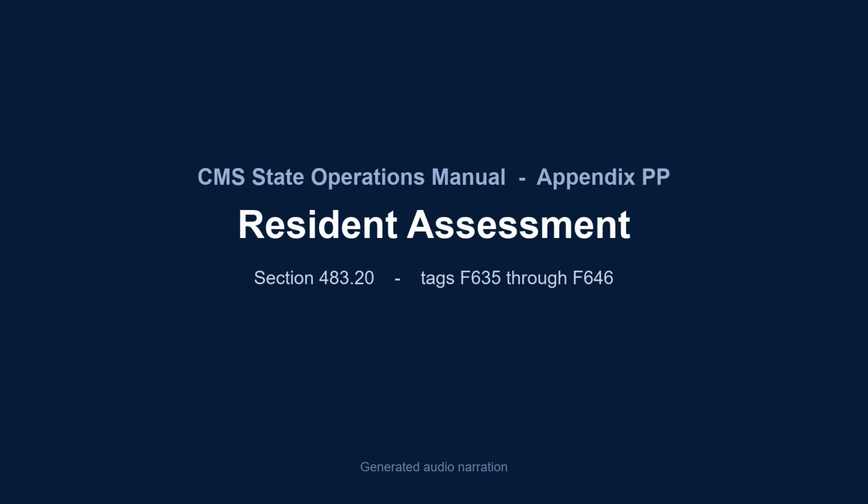Intent, Section 483.20(e). To ensure that the facility coordinates with the appropriate state-designated authority to ensure that individuals with a mental disorder, intellectual disability, or a related condition receive care and services in the most integrated setting appropriate to their needs.